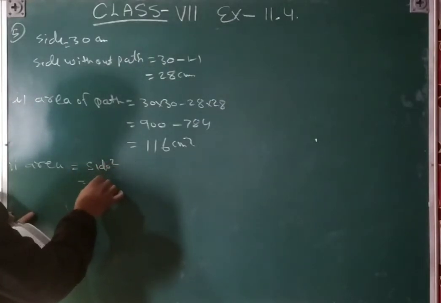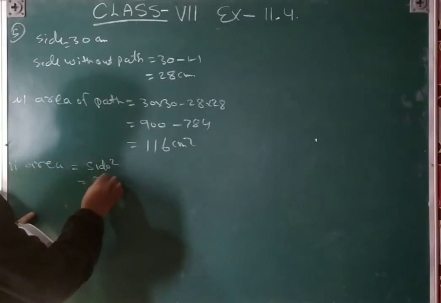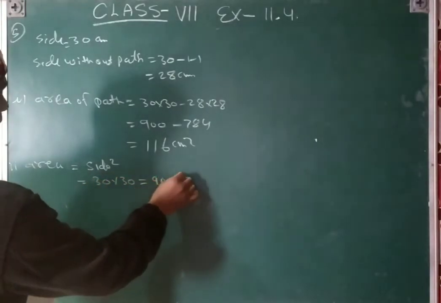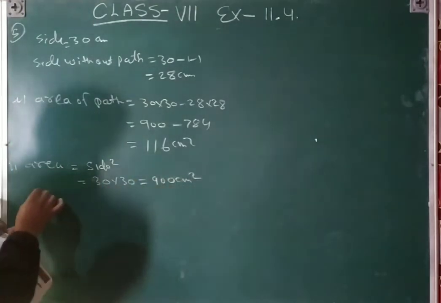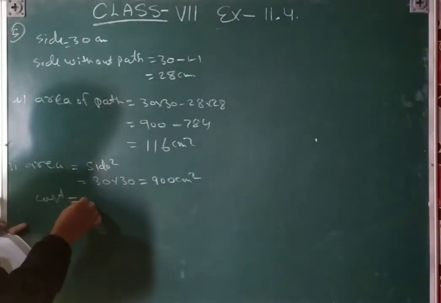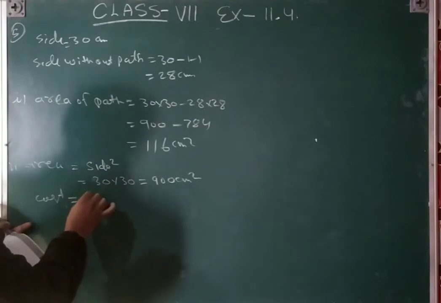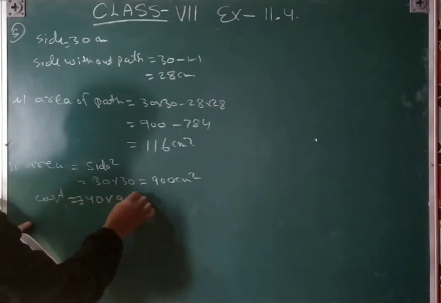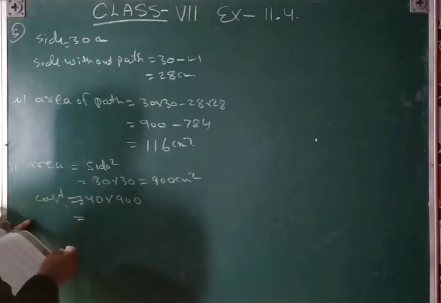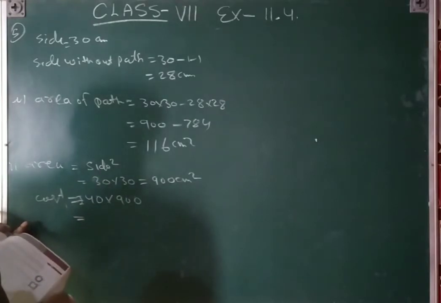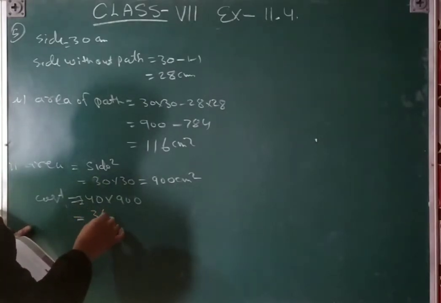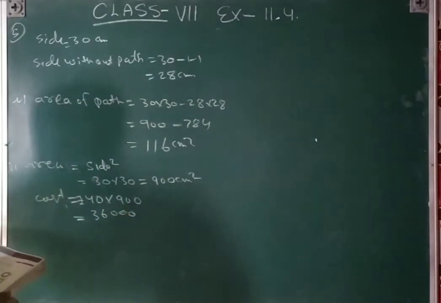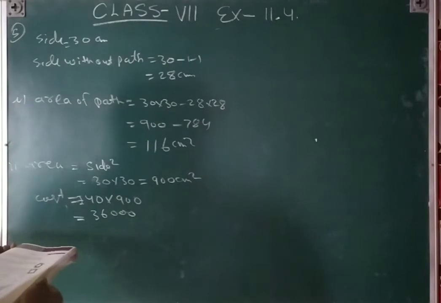So 30 into 30 is equal to 900 centimeter square. So cost is equal to, the rate is given 40, 40 into 900.